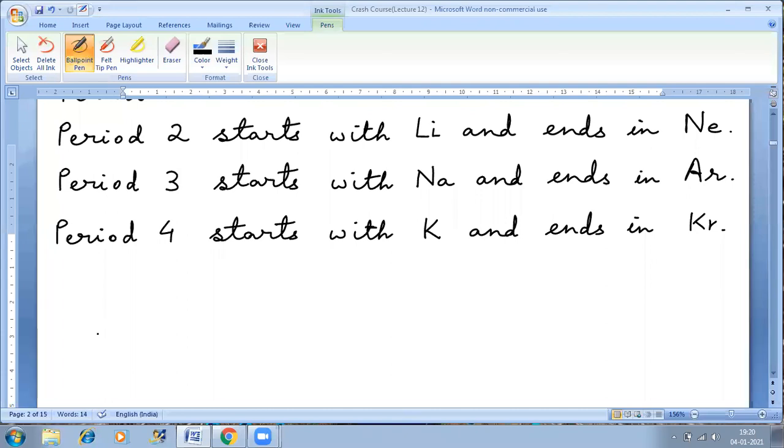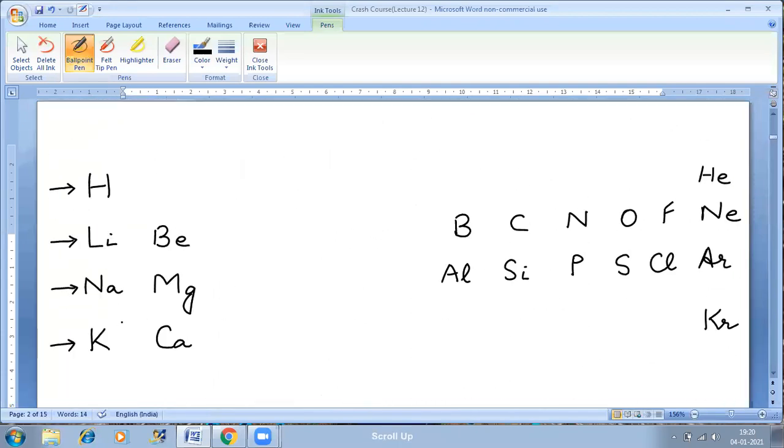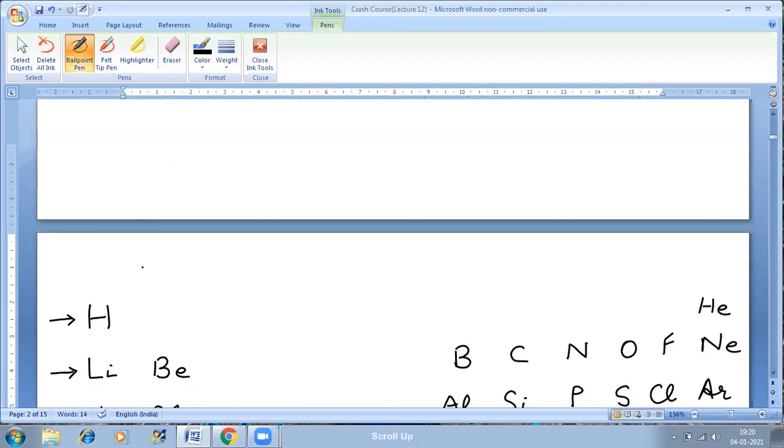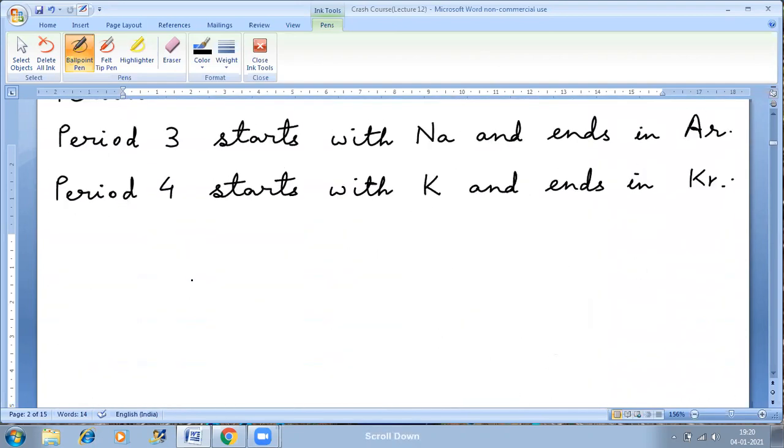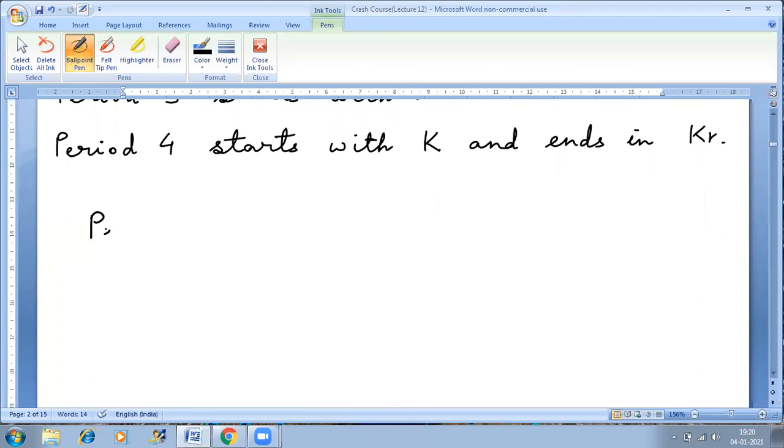Now we will understand certain terms, and that is why I wrote these elements in this specific format, because this is the arrangement. Right? So as you go from left to right, what is left to right? A period.